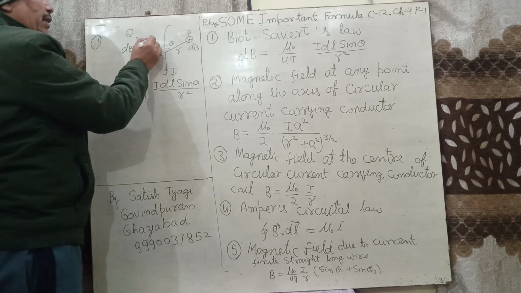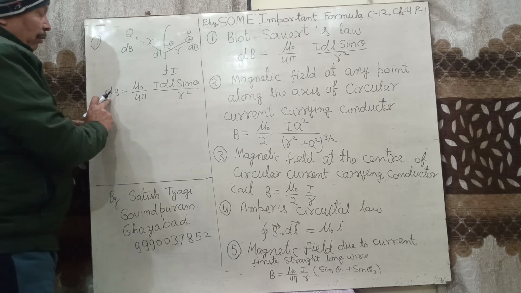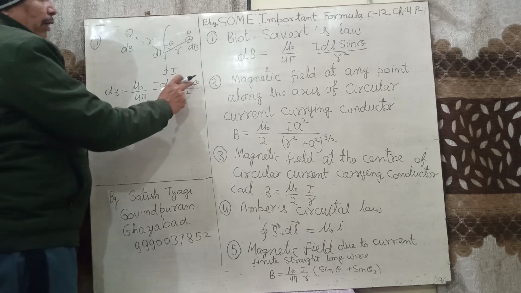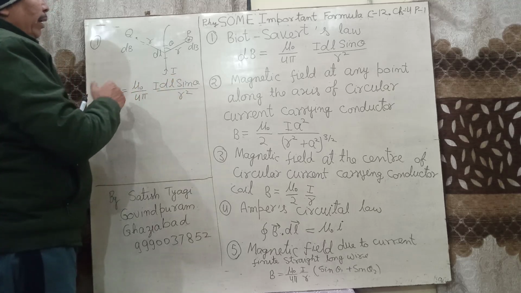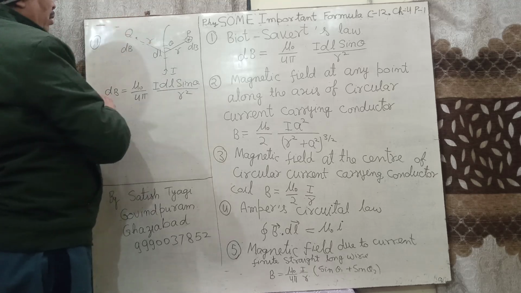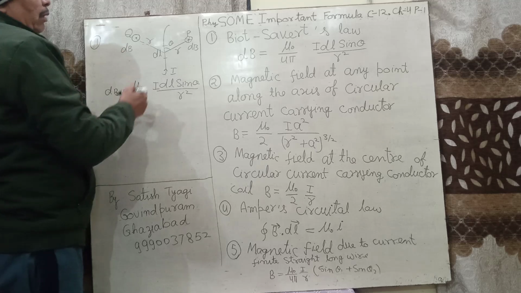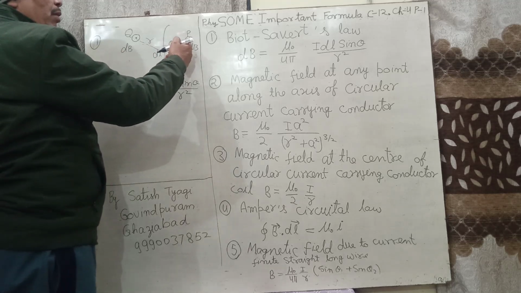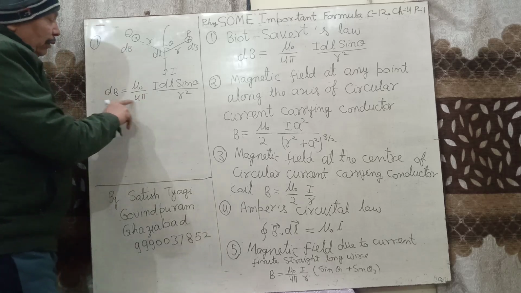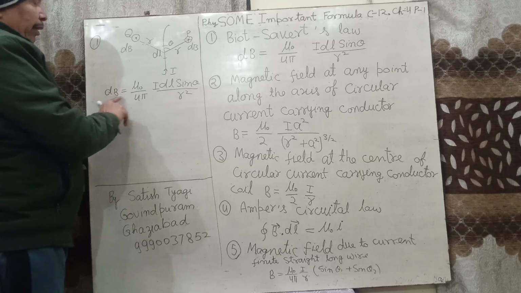If the distance is r, then the magnitude of the magnetic field dB equals mu 0 upon 4 pi I dl sin theta upon r square. But the direction of the magnetic field is perpendicular upward from the board, here perpendicular downward into the board. This is the magnitude of the magnetic field.